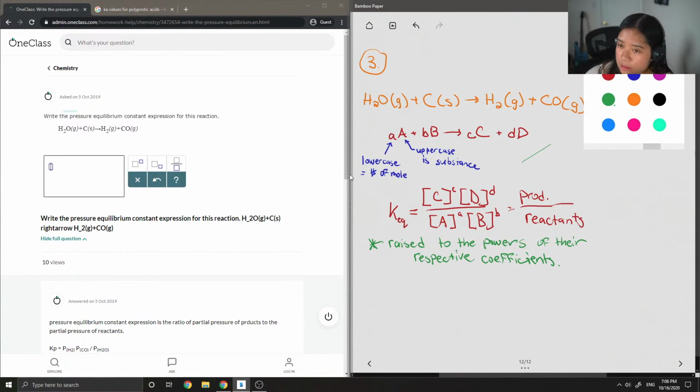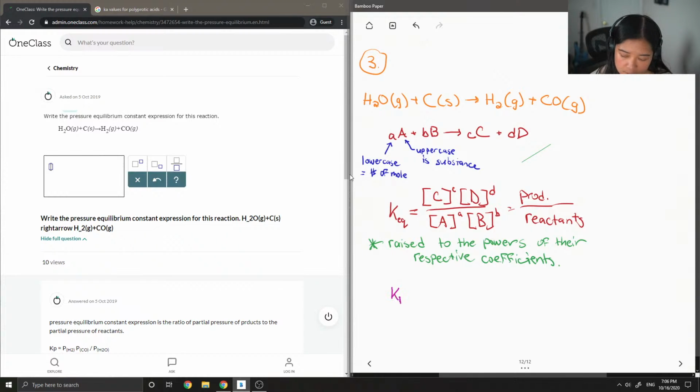So if we want to look at the pressure equilibrium constant for this question, I'm going to denote it as Kp. And then it's going to be the pressure of our products. So in our case, it's H2 and carbon monoxide over the pressure of our reactants. So PH2O, P of the carbon.